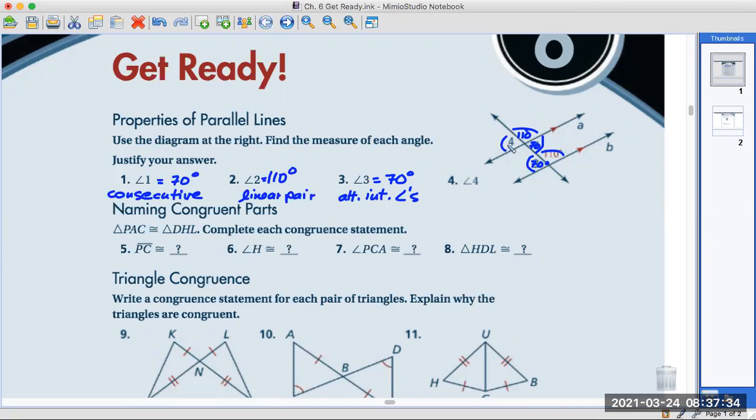This one right here would be the same as this one. No, my brain isn't working right this morning. 4 and 70 are the same. Those are called corresponding angles. So that's also 70 degrees.